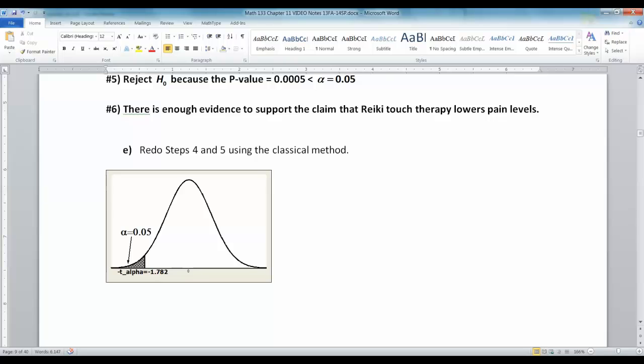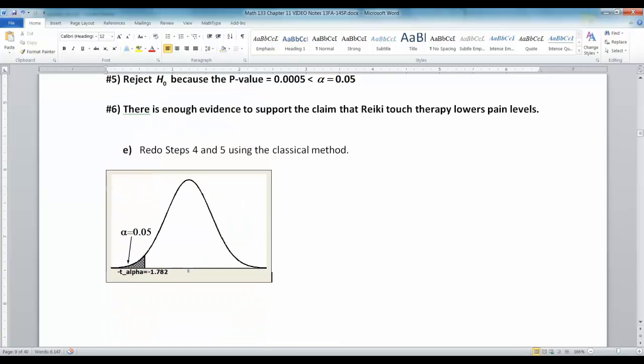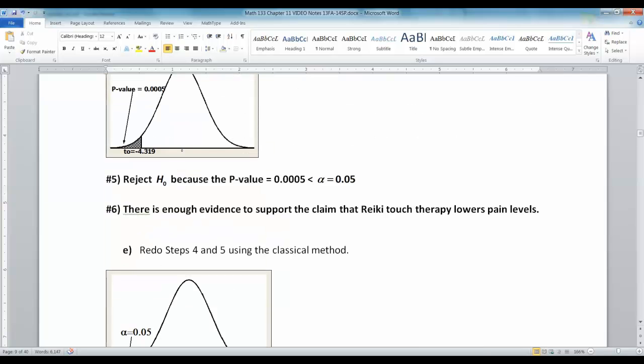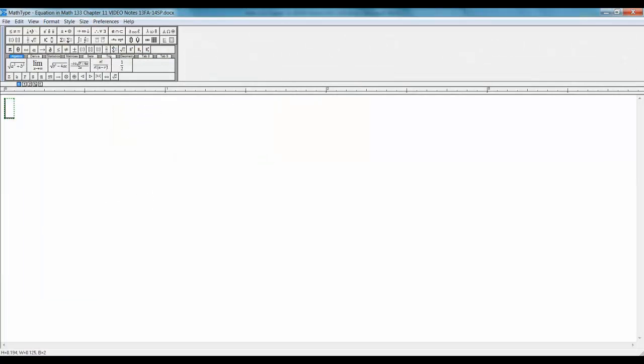Okay, so then we would still reject, but for a different reason now. So this is step number 4 that we're doing right here, and then step number 5 would be rejection still. Reject H naught.